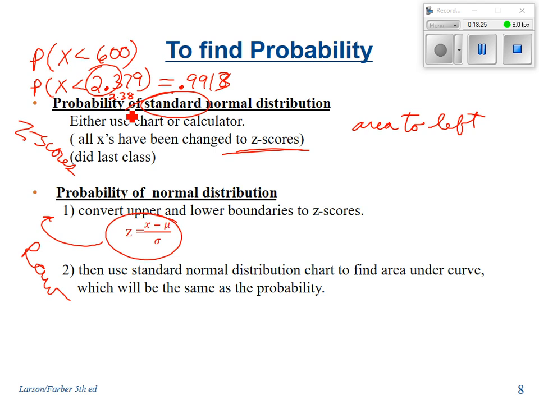With standard normal we're always using those z-scores, and we know our z-scores are 99.9% of the time going to be between -3 and 3. When we're using just the normal distributions, our numbers could be anything.